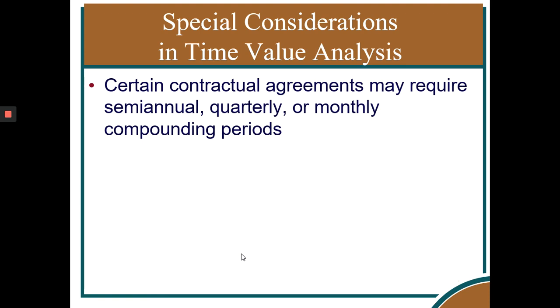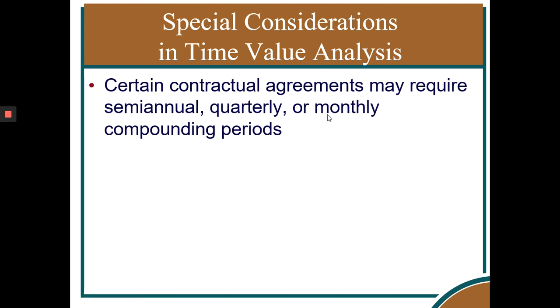So these are the special considerations in time value analysis. All this while we have been doing examples on an annual basis, every year. But there is always a chance of compounding more than once a year. In a year, your interest can be compounded twice, or quarterly, which means four times a year, or even monthly.